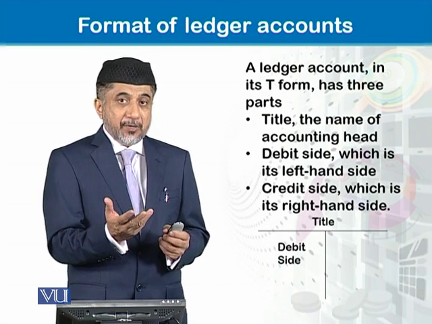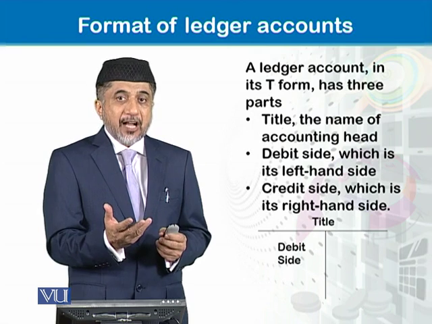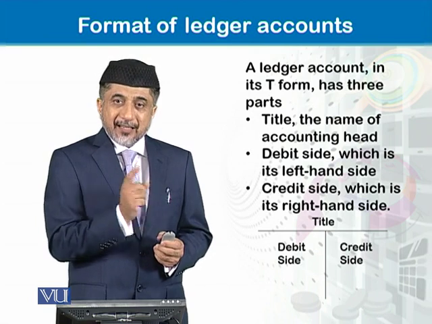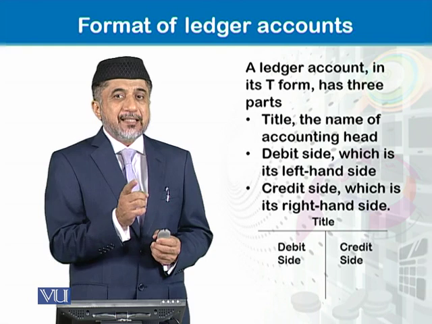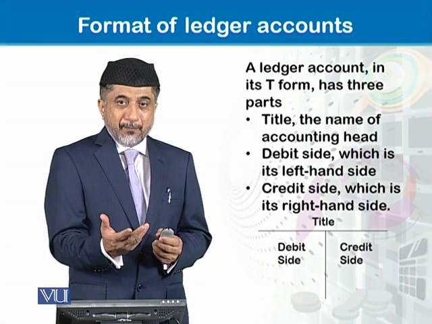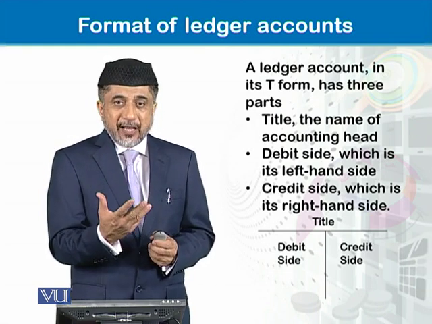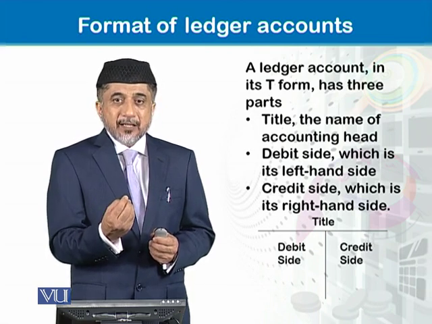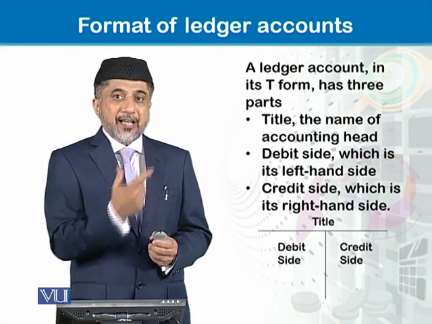Remember, conventionally, the left-hand side of a T account is known as the debit side, and the right-hand side of a T account is known as the credit side. So these are the conventions that we have to follow. This is a simple format of a ledger account, prepared as a summary for a specific accounting head.